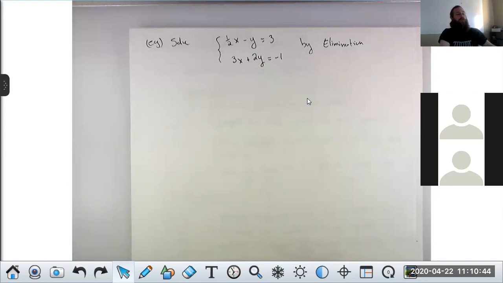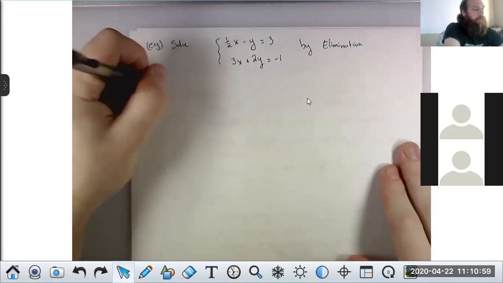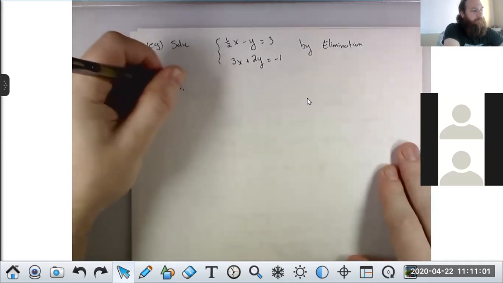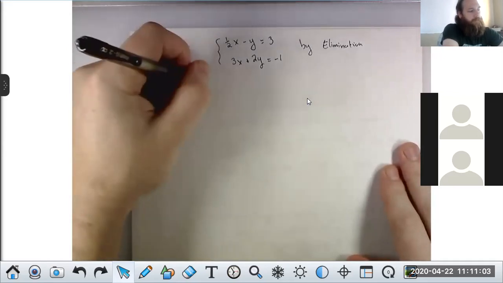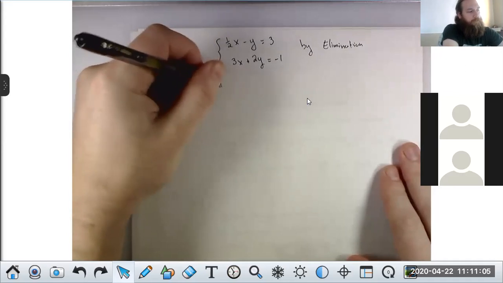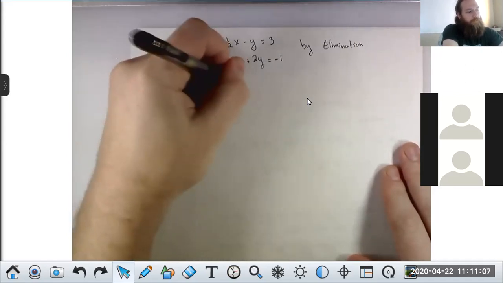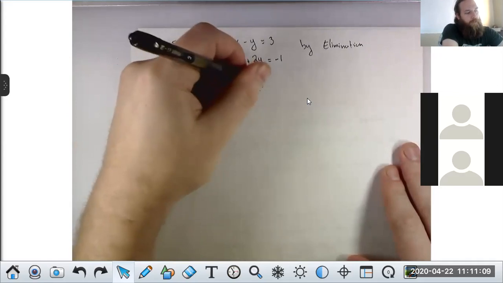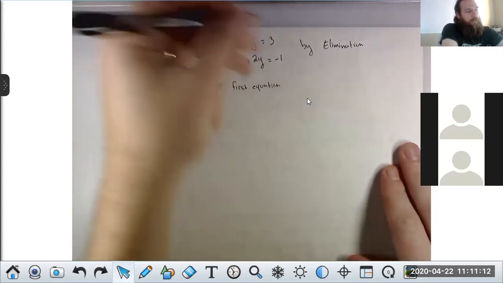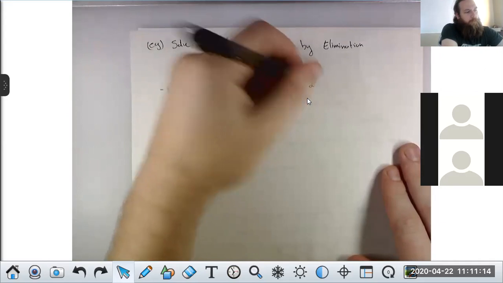I think the cleanest choice is to multiply through this guy by 2, because that will get rid of the fraction in front of the x, and it will also set me up to eliminate the y. So let's do that. My first step, multiply the first equation by 2.